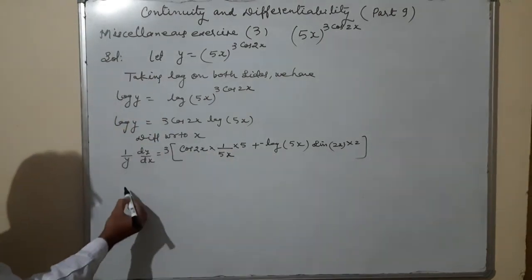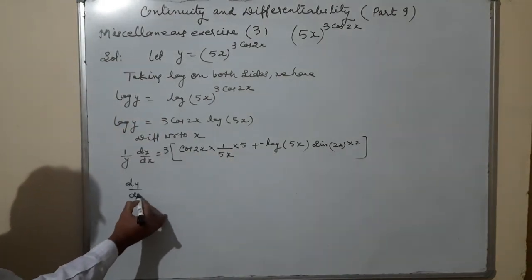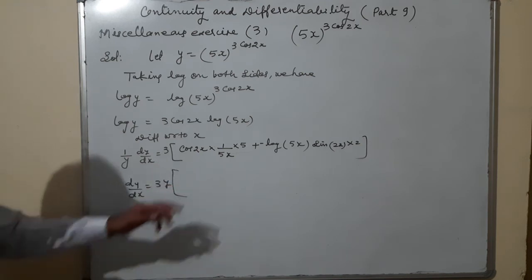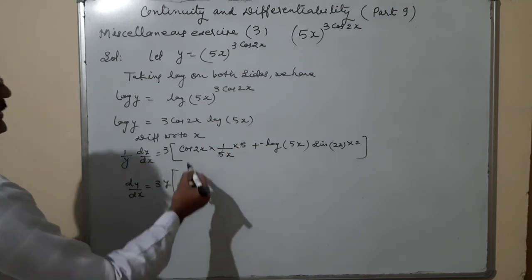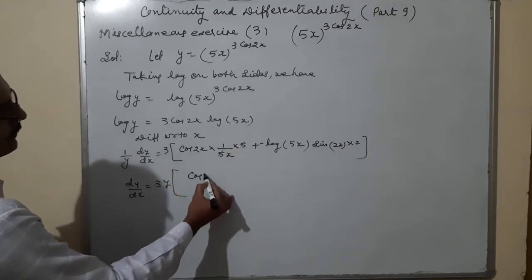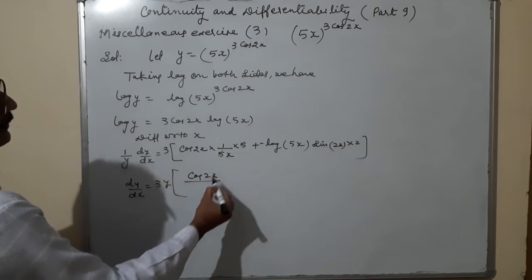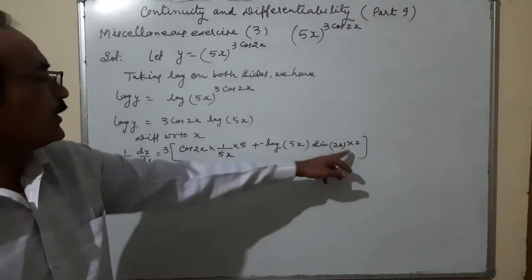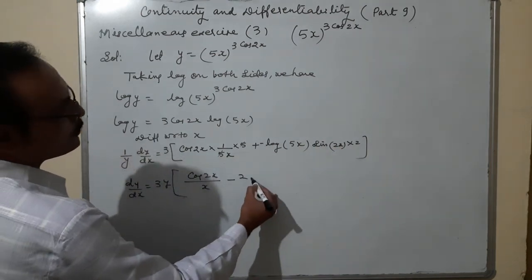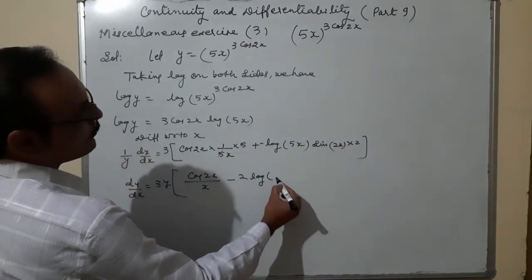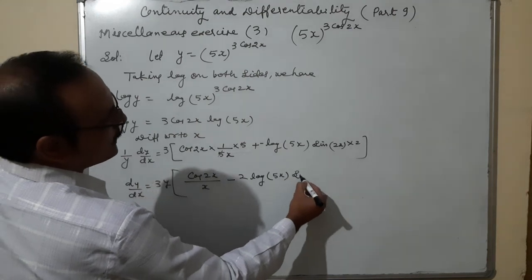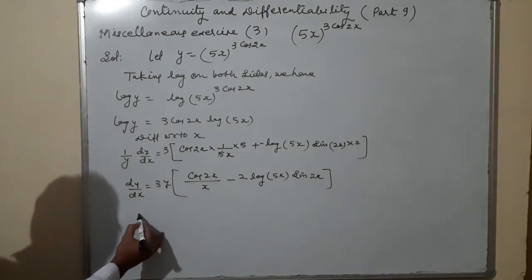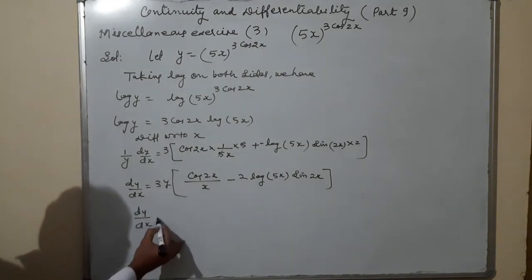So it is coming dy by dx is 3y. Collecting these terms properly, 5 cancels. It is cos 2x upon x plus minus minus, this 2 is coming here, I'll write here minus 2 log 5x into sin 2x. And that means dy by dx is equal to 3.